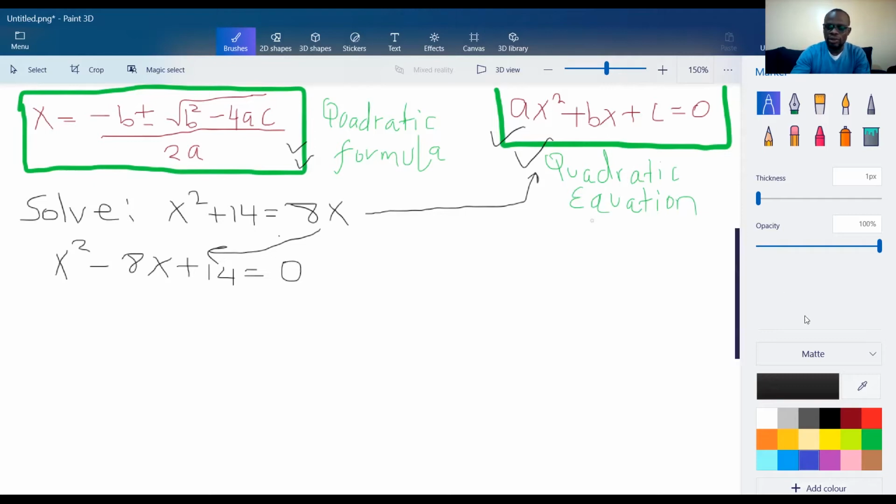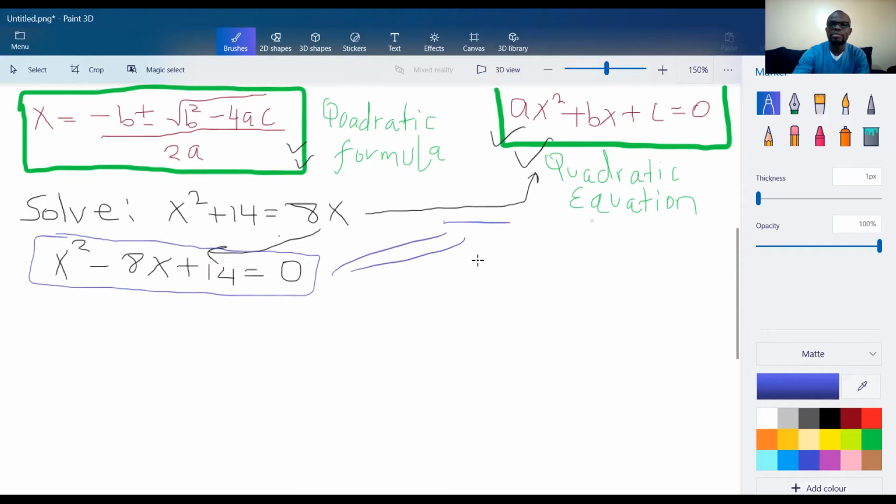If you check our resulting equation here, it actually takes the form of a quadratic equation. The next step after this is just to identify your a, b, and c.